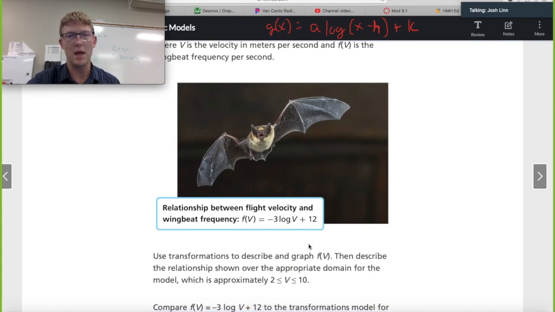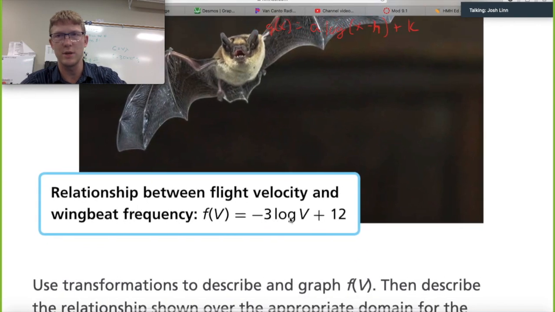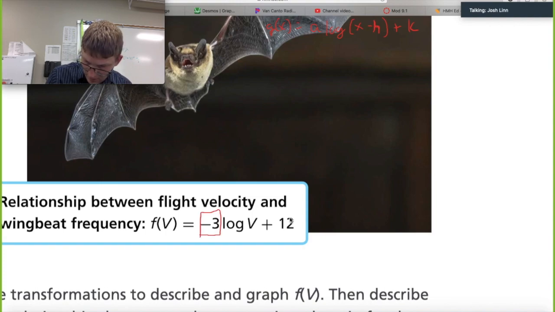So then we can analyze our function a little bit here, and we can come up with what it means. We first look at this number. So that means that our a is going to be equal to -3. We can then look at this number.